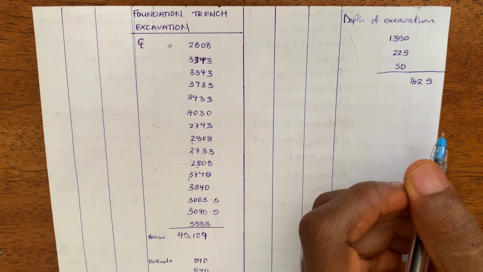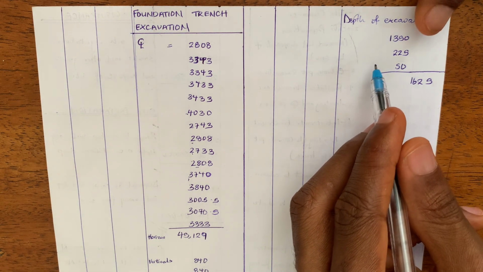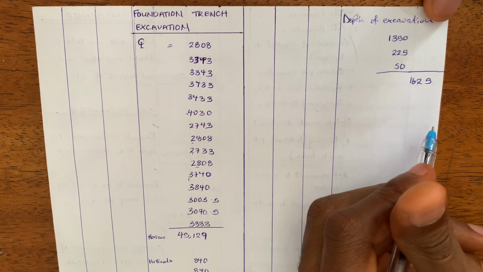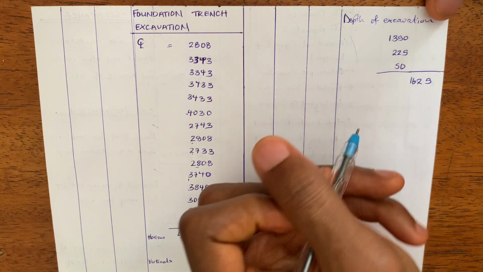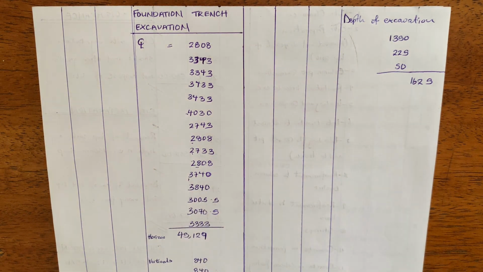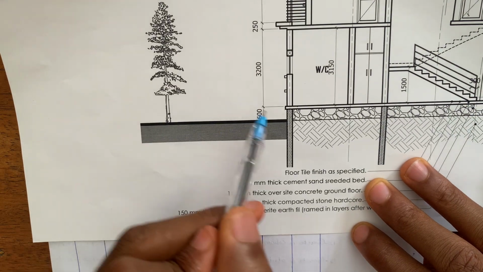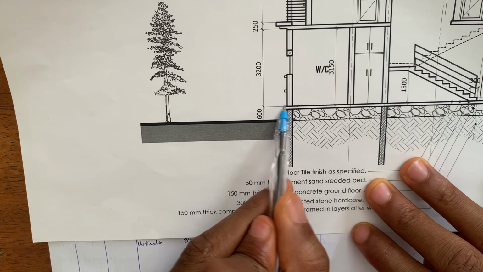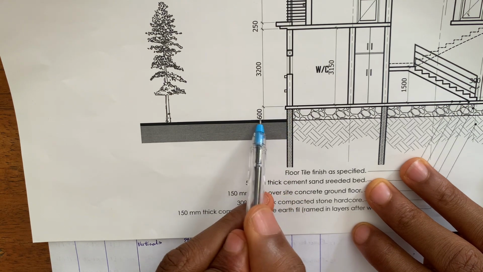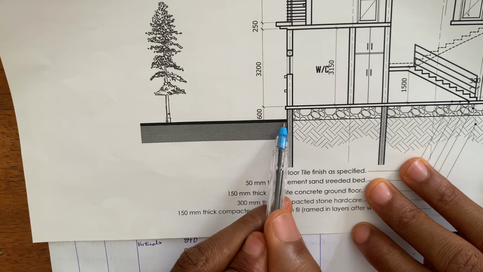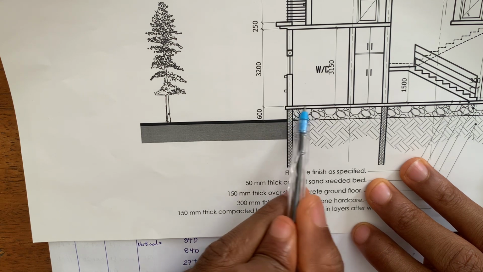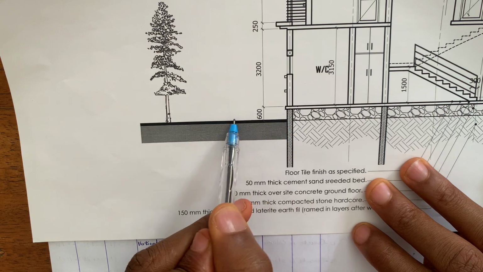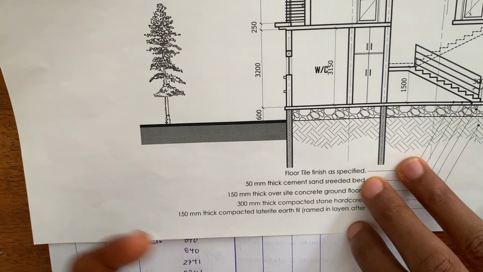We'll now have to minus the distance from the top of the oversize down to our strip level. In our drawing, it was given as 600 mm. If you look at this drawing, you can see from this point here to this point here is given as 600 mm, and our excavation is not starting from the oversize, it is starting from the strip level. That is why we have to minus this 600 mm.